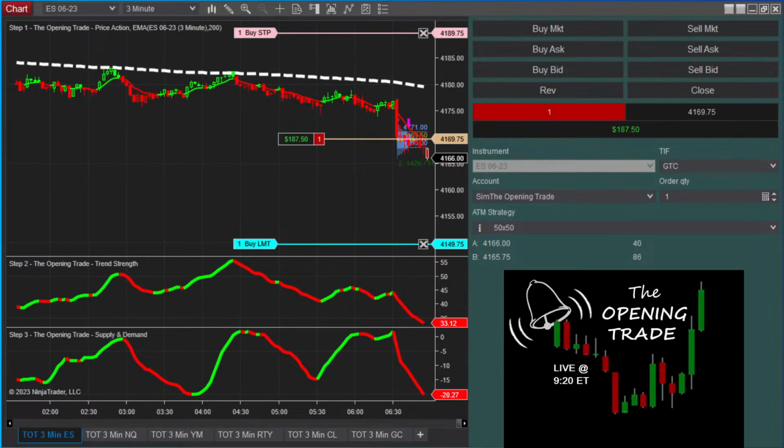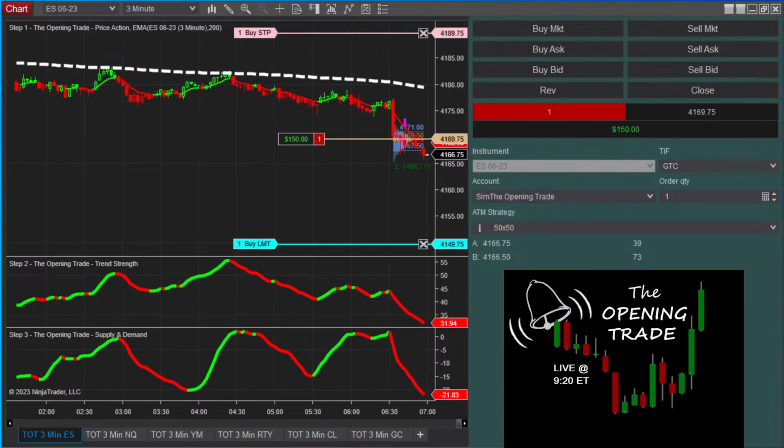I see 200 in profit for a second, bouncing around. My stop loss. So the first thing I have to do is go to the control center in NinjaTrader and disable my strategy.